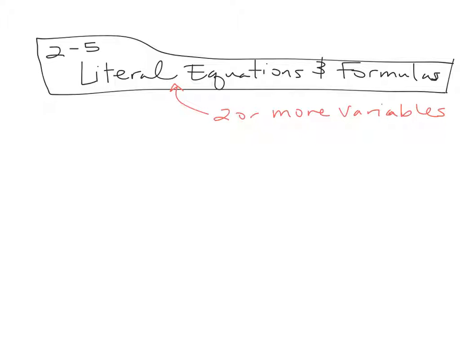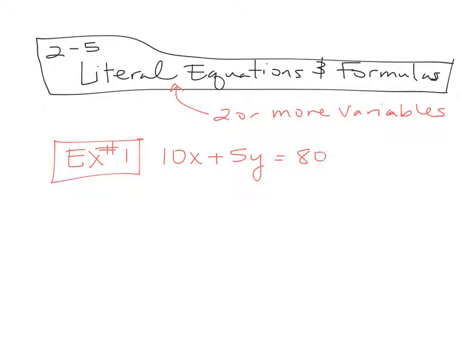So let me just give you an example of what you're going to be seeing here, and then we'll do a few. Let's say I gave you 10x plus 5y equals 80. And I said x is pizzas, and y is sandwiches.